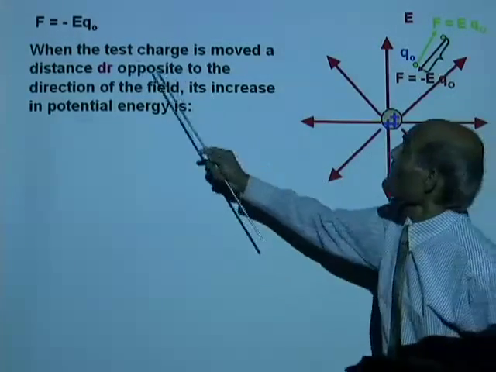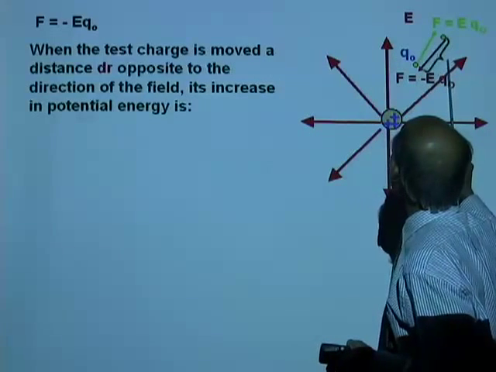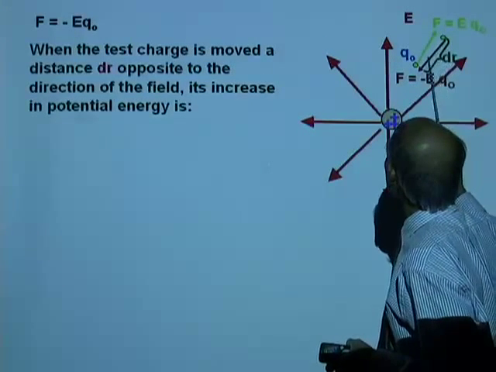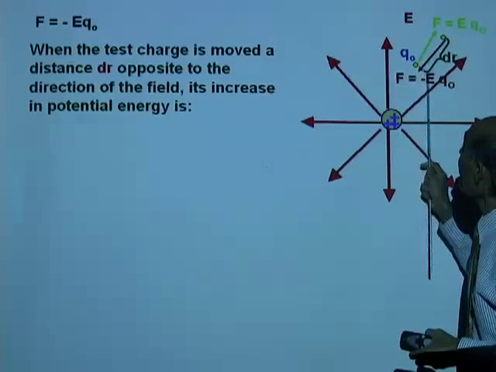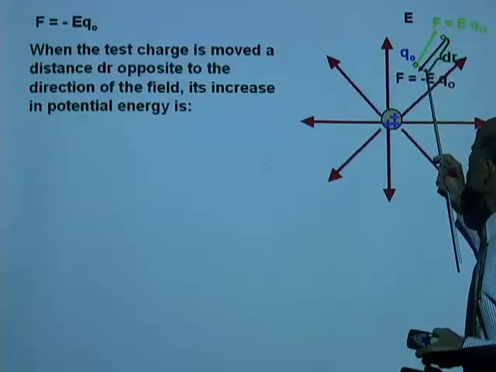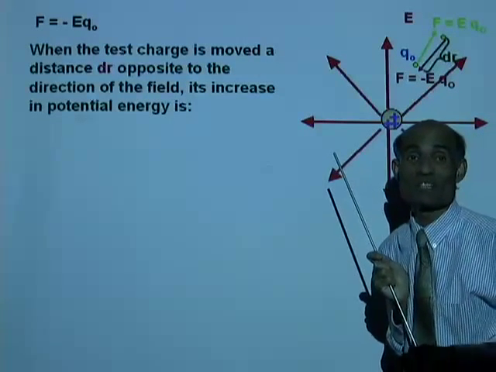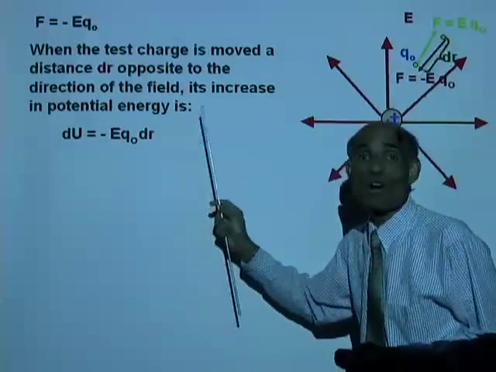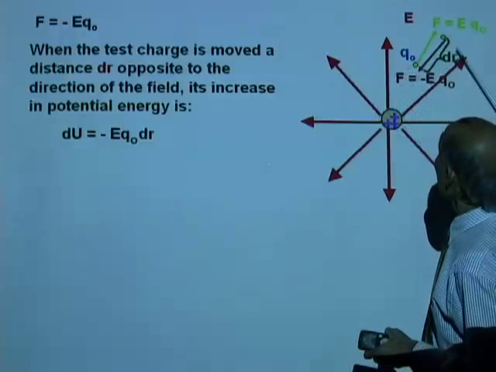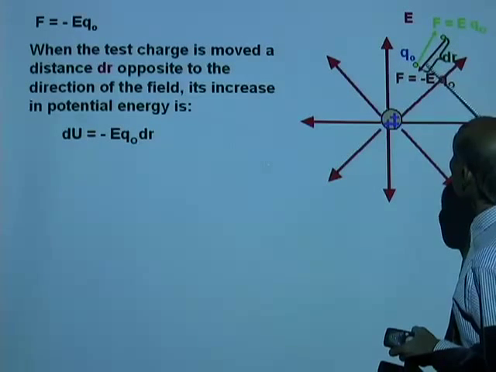Now, when the test charge is moved at distance dr, this force is moving through a distance dr. What is the increase in potential energy? The increase in potential energy is a measure of the work done. And the work done is this force multiplied by this displacement.